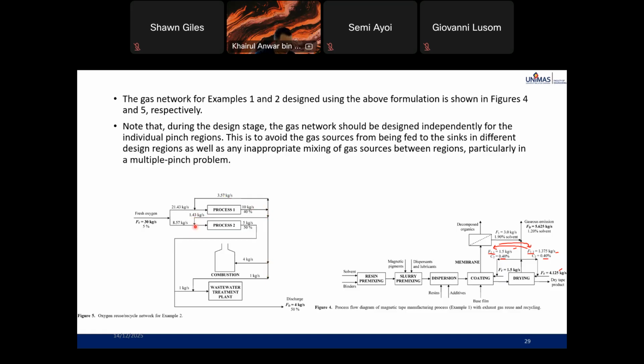Since there is no condition given, condition means, of process one, process two, what is the range of the concentration that is allowed.